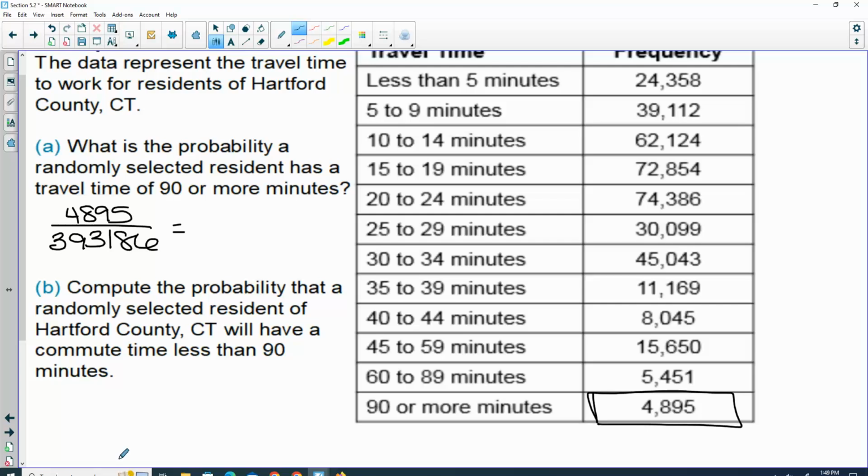You guys get 393,186 for everyone. So then we just divide. So the probability of 90 or more minutes is 0.0124.